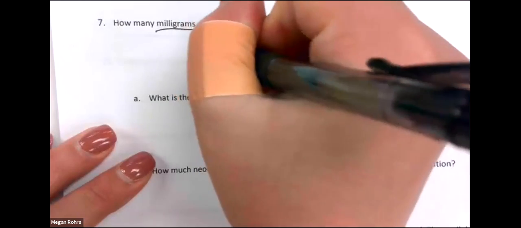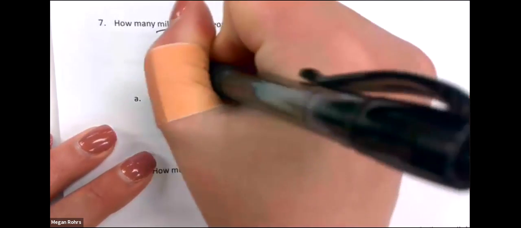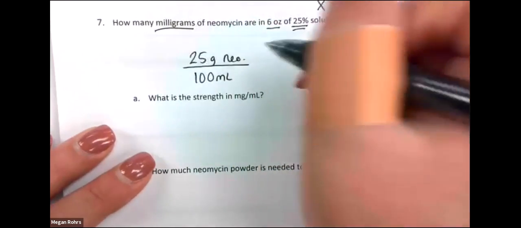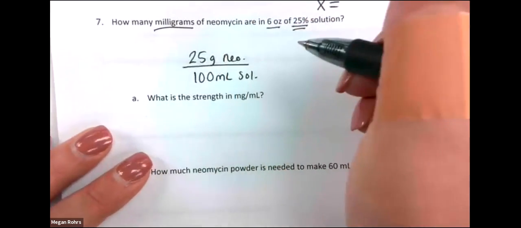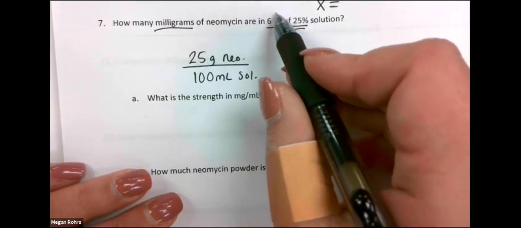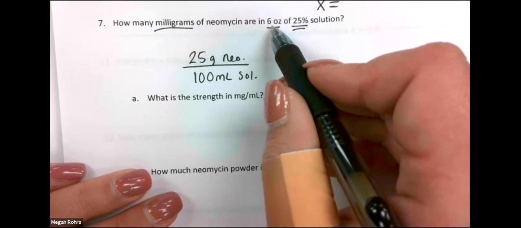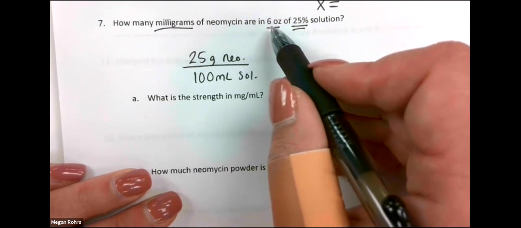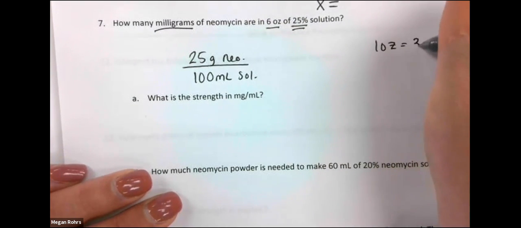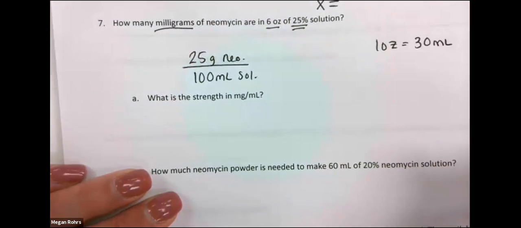We know that that means there's 25 grams of neomycin in every 100 mils of total solution. Now we're looking for 6 ounces total of solution. So we're going to have to convert our ounces into milliliters. You should know that 1 ounce is 30 mils.